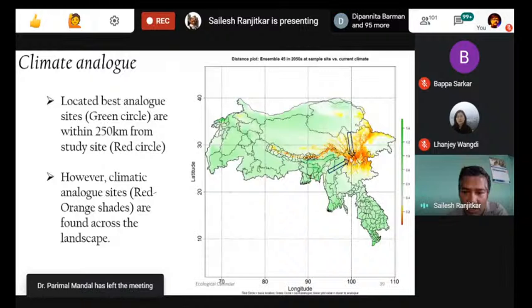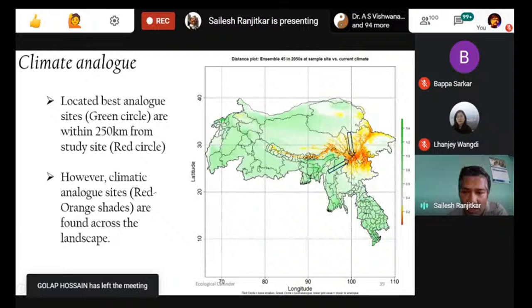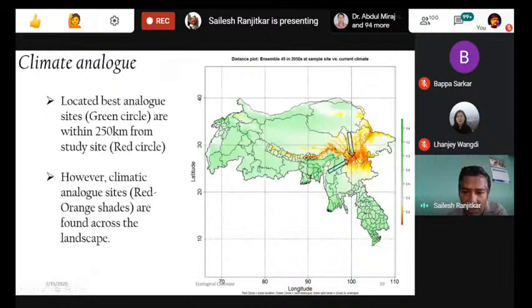That means we have a lot of options now. The practices carried out in this part, or this part, or in Bhutan, or even Nepal, could also be useful for adaptation practice at this particular site in Yunnan. So, the lower the climatic distance, the more similar the practices for future adaptation that could be found there.